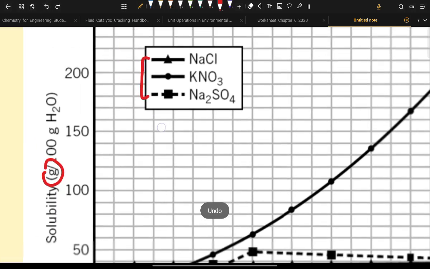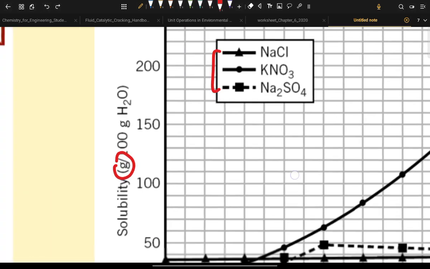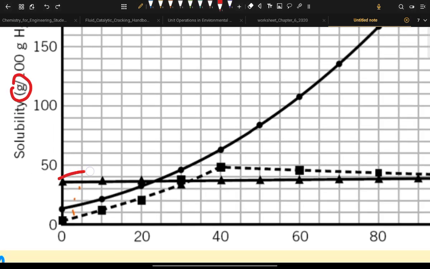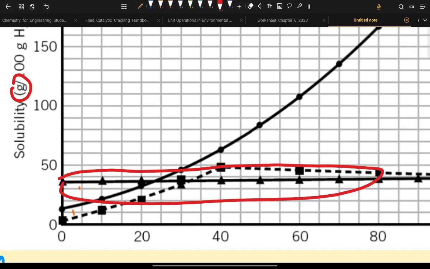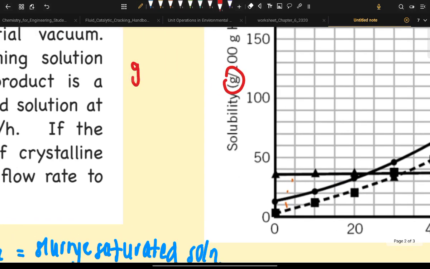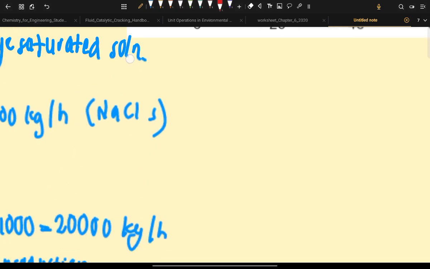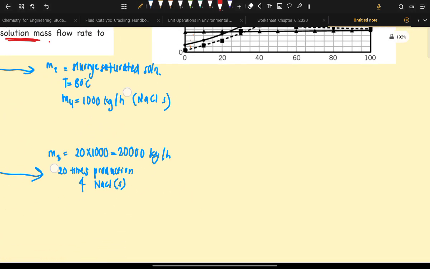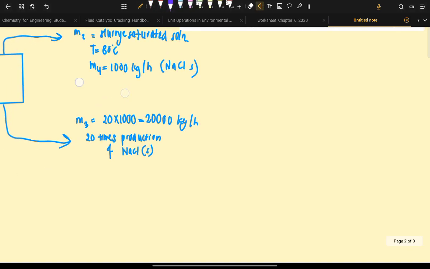Okay, the legend of sodium chloride is the triangle one. So this bit, okay, these things. So we can note that this is gram sodium chloride per gram H2O here. Okay, that is our target to get the answer to the question.